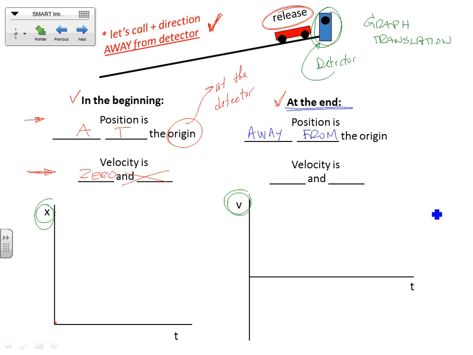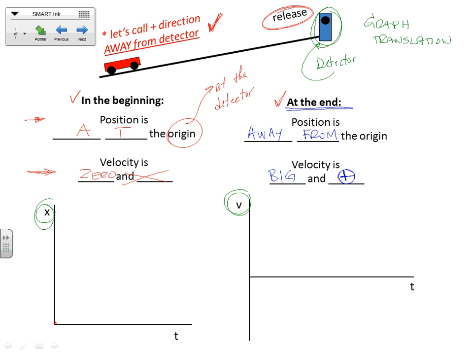It moves away from the origin. When we release it, it's going to go down the hill like that. At the end, just before it stops, the velocity is what? Well, it's big, and it's positive, because again, it's moving away from the detector.